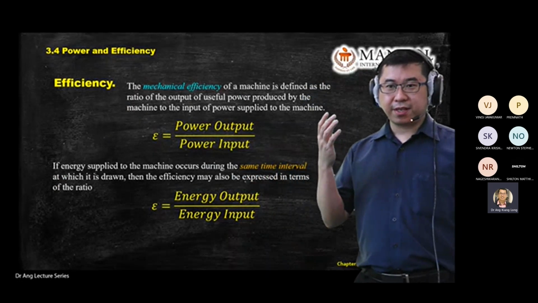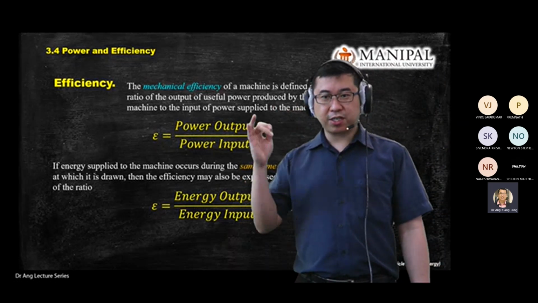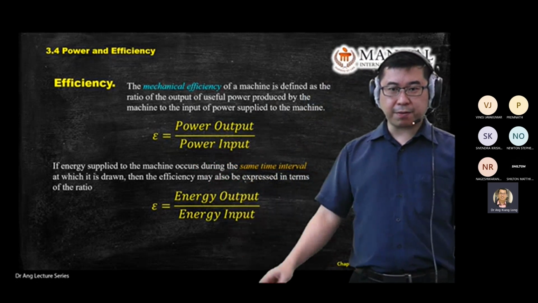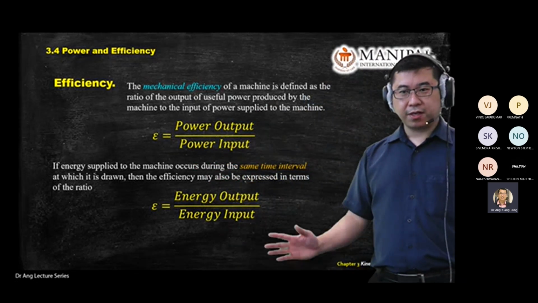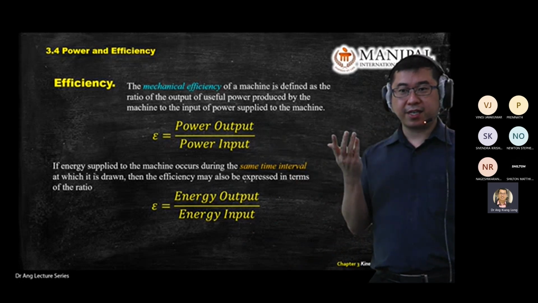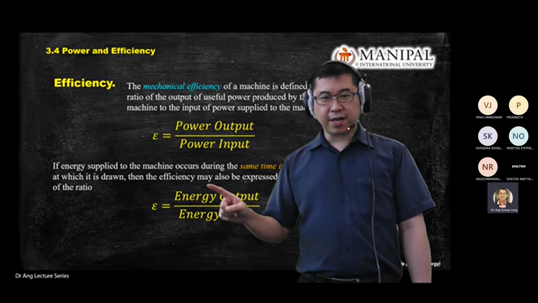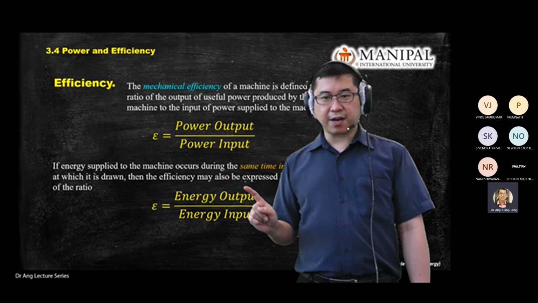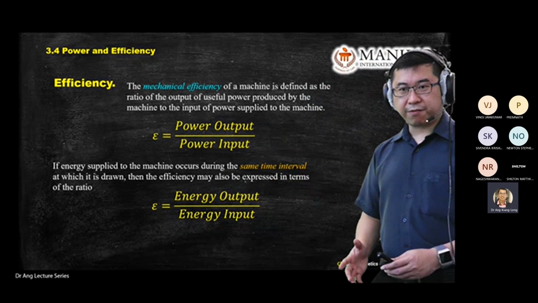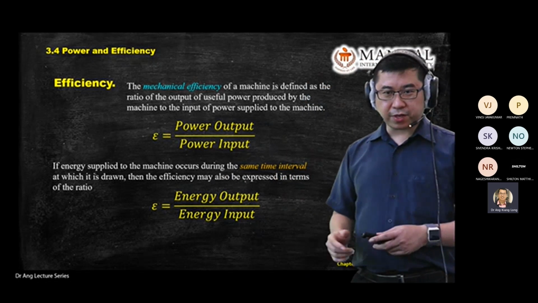You learn about kinetic energy, potential energy, chemical energy, mechanical energy, and so on. So here you see energy output, energy input. Just to summarize what you learned so far, you only see kinetic energy. So kinetic energy input with the ratio of kinetic output, you get efficiency. If the question asks you to focus on kinetic energy only, then you can use this ratio, right?